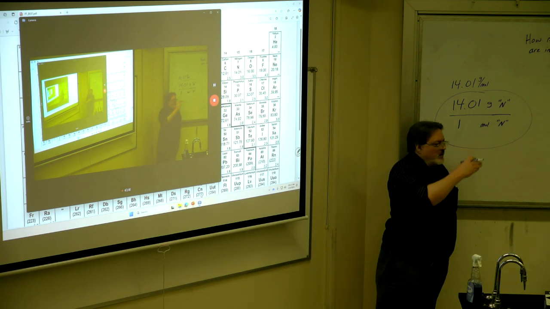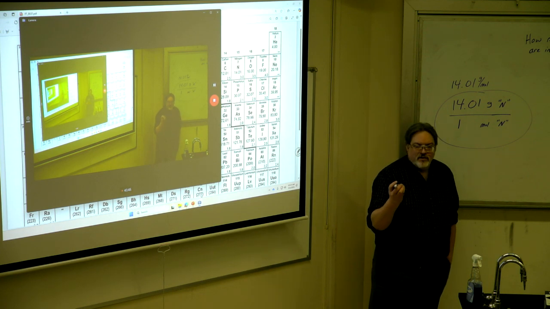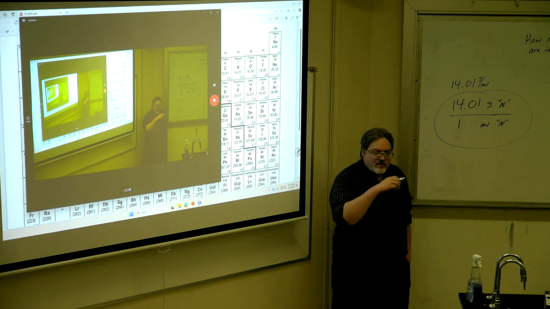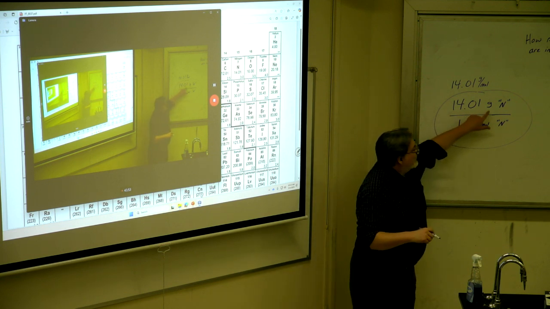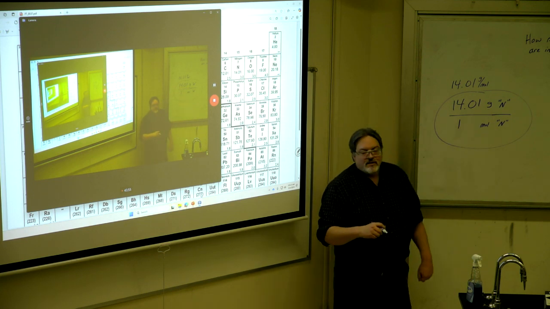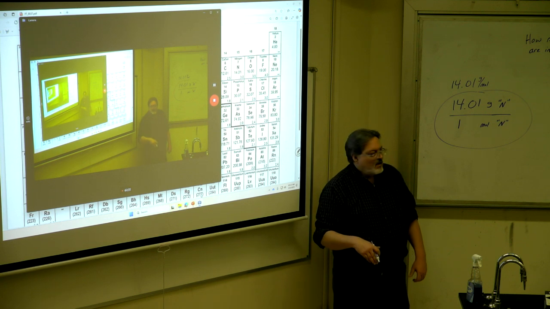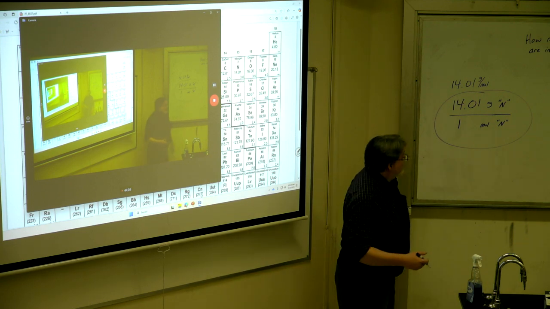If I went up to one of the scales in the lab and I somehow could have some pure nitrogen in my hand, which I can't, but pretend I could, I started sprinkling it on the scale and I put a little more, put a little more. When it says 14.01 grams, that means there are 6.022 times 10 to the 23rd atoms on the scale. Nitrogen would be a gas though, so that's not a big step. I should have done carbon.